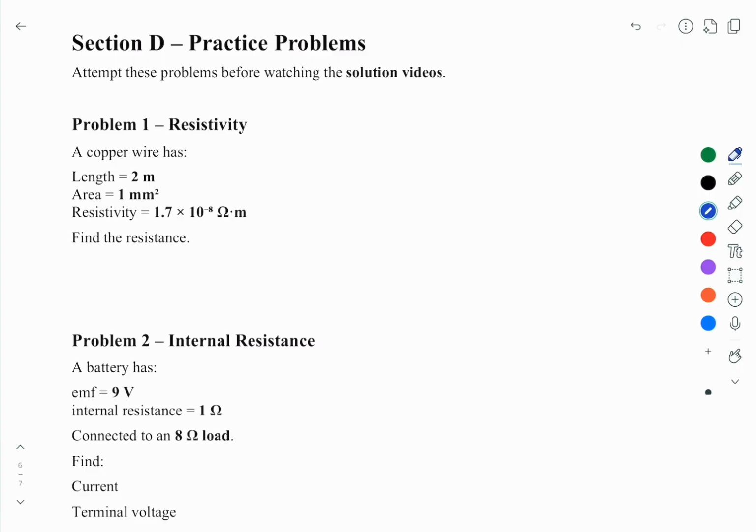Here are some practice problems. We have a copper wire, and you want to find the resistance. So resistance is proportional to the length, inversely proportional to the area, and the proportional constant is called resistivity.